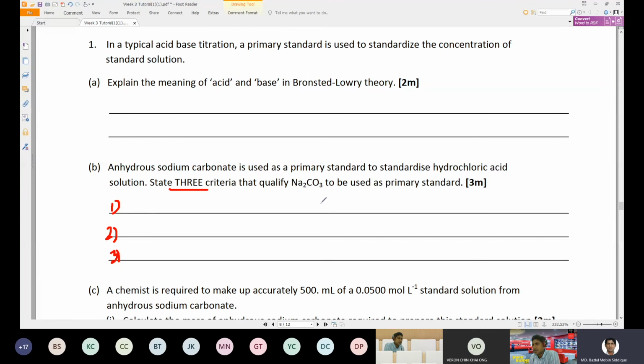If you just write blah blah blah, maybe you will miss some points, right? So it's better to be neat and clean. So primary standard will be those with high molecular mass, stable, not hygroscopic, and known molar mass, known formula.